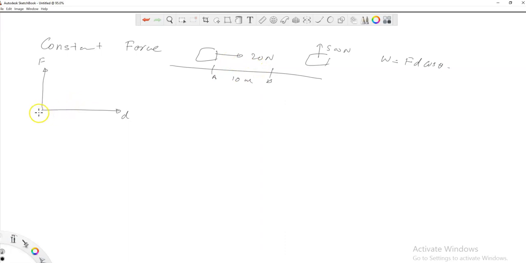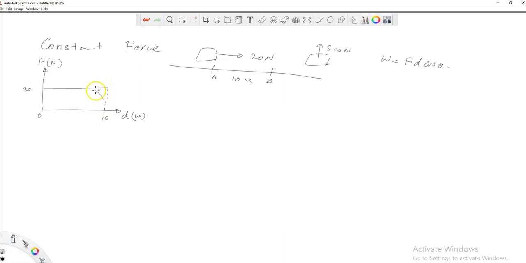So the distance starting from 0, 10 meters, force remains constant at 20 newtons, right? This is newtons, this is meters. Force remains constant at 20.